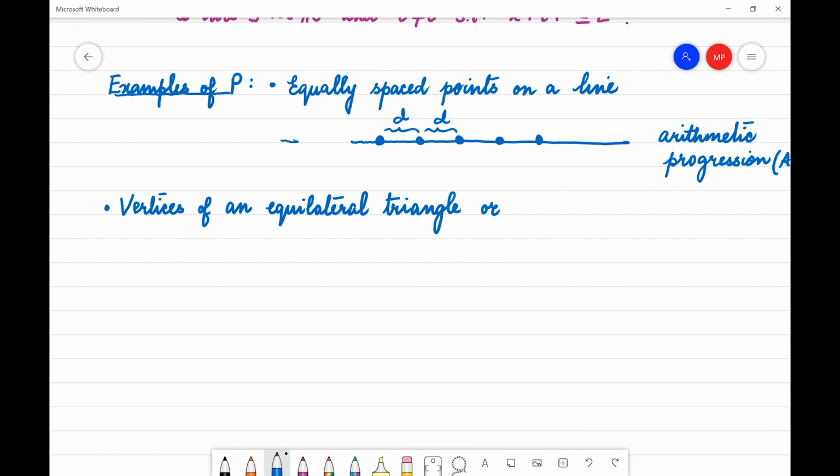Or let's say the vertices of a regular polygon. So that's a geometric pattern. Okay. It could be copies of infinite sequences.